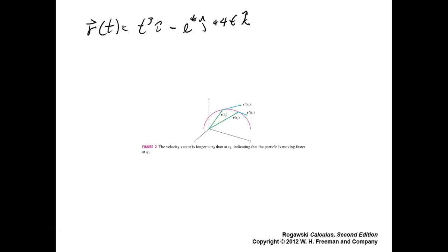Well, what might be the first thing you would choose to do? Take a derivative, usually a first guess. Good first guess. That would be r prime equals 3t squared i minus e to the t j plus 4k.